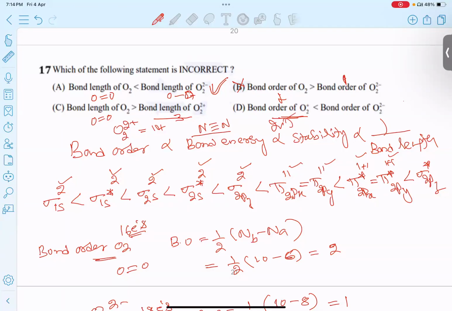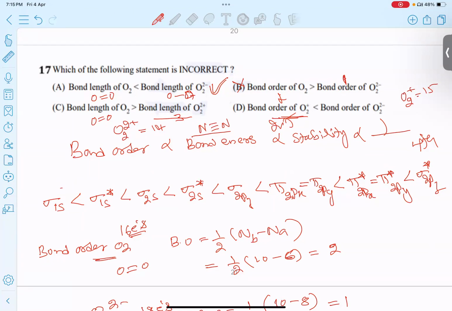Let us calculate bond order of O2 plus first. O2 plus contains totally 15 electrons. O2 2 plus has 14 electrons, so O2 plus has 15 electrons.